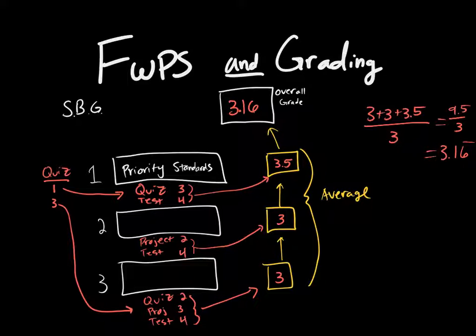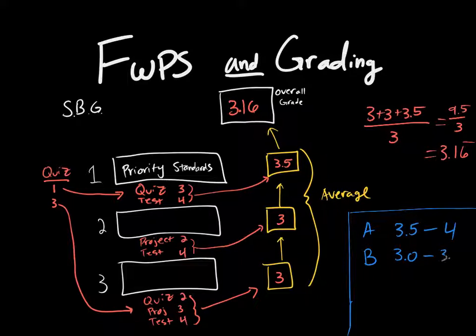So if we're looking at overall grades, if we want to know what an A, a B, a C, and a D are, an A is when your overall grade is between 3.5 and 4. A B is from 3.0 to 3.49, because that's where A ends.